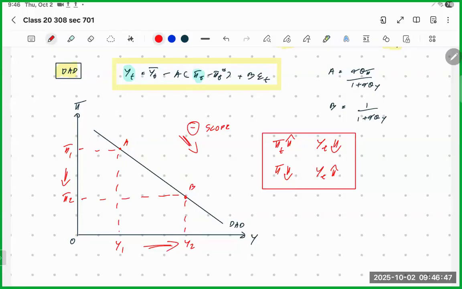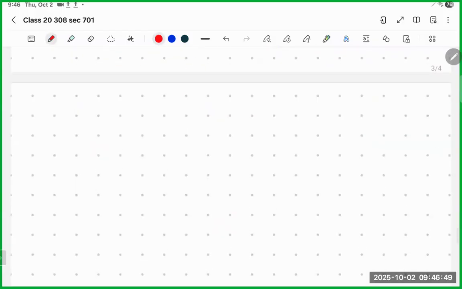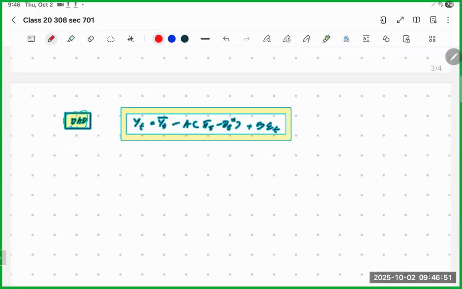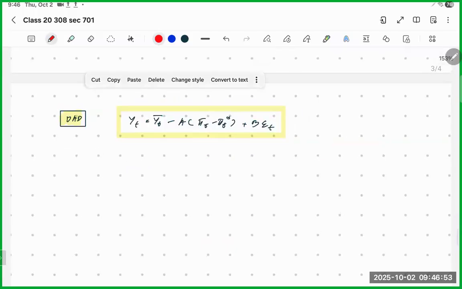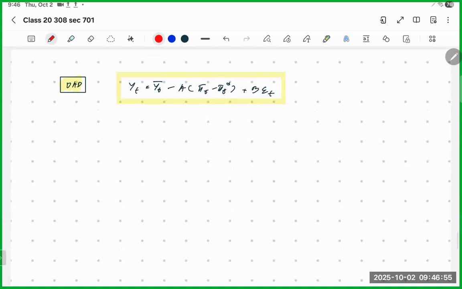Then next one, we talk about the factor that's going to shift the graph. Okay, I bring the DAD equation here, dynamic aggregate demand, and then I'm going to start drawing the graph here. Y on horizontal, pi on vertical.